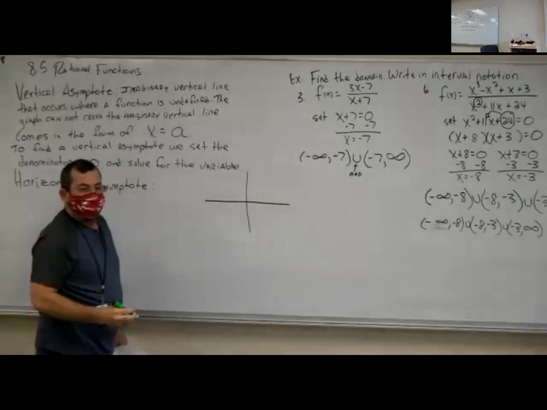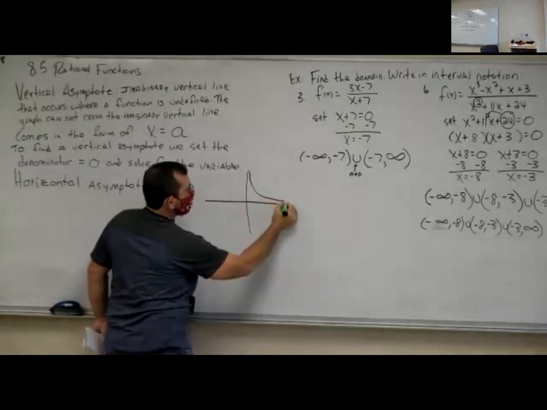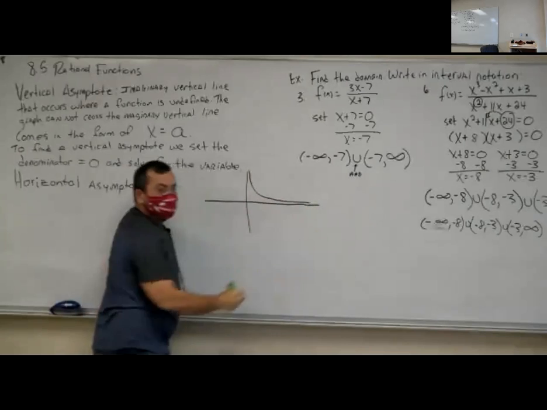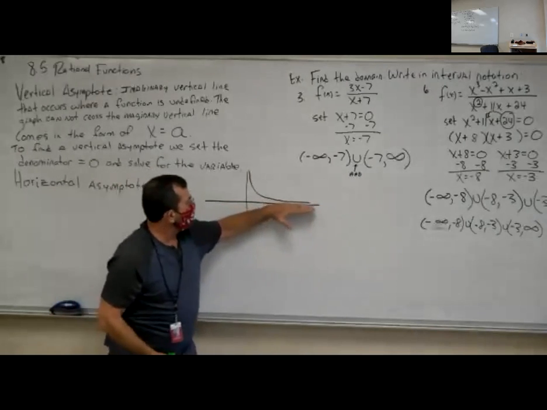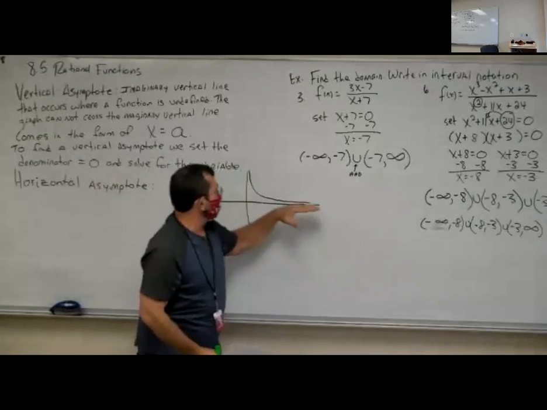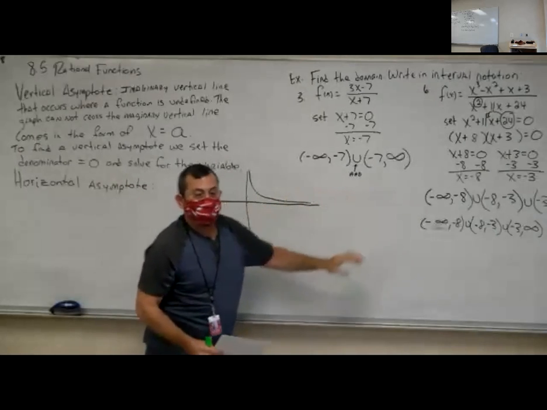So I had a graph, and that graph came down and started to try to get to my x-axis here. That would be the horizontal asymptote, because that graph, as it goes out towards infinity, is going to try to get closer and closer to my x-axis, okay?